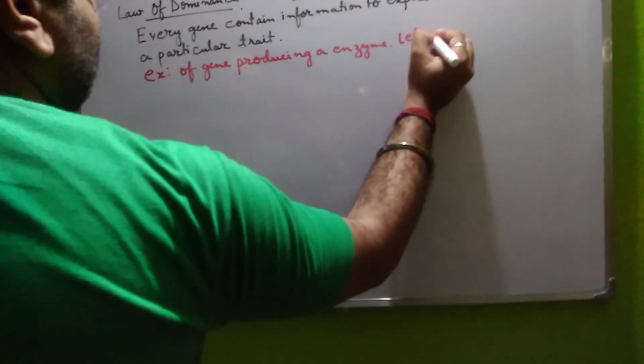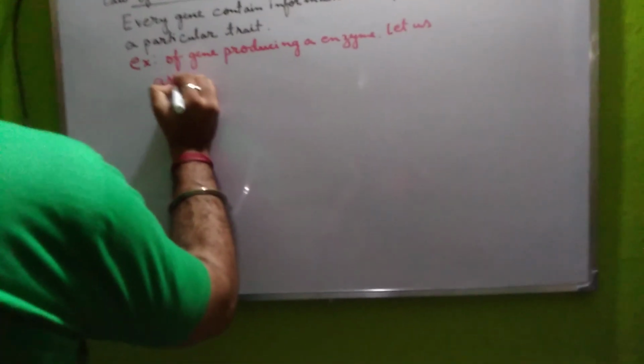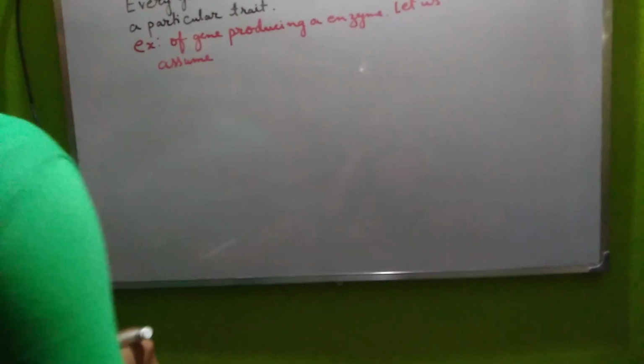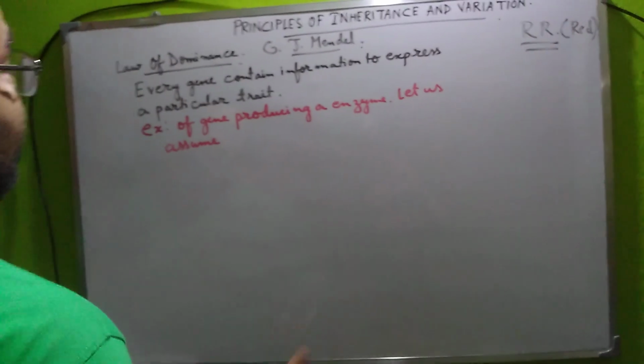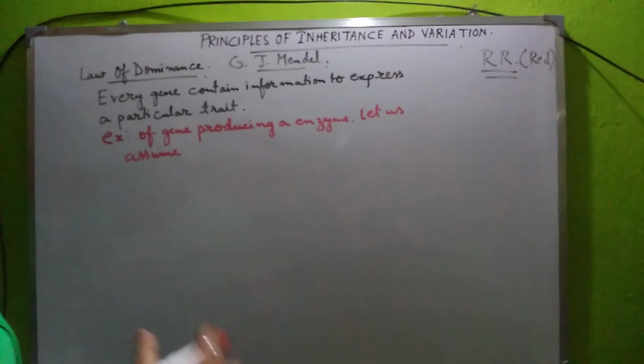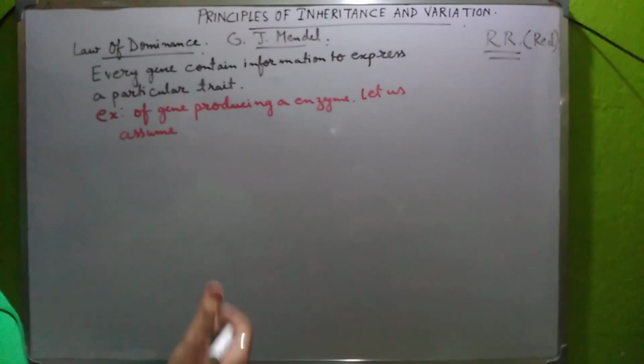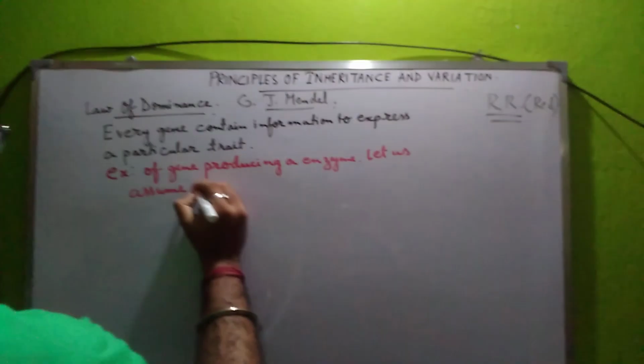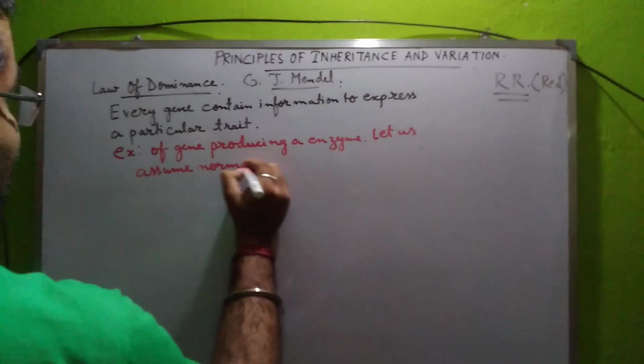Let us assume, as we know that a group of genes together form an mRNA, and the mRNA changes itself to a protein, and the protein represents a particular enzyme which carries out various functions in our body.